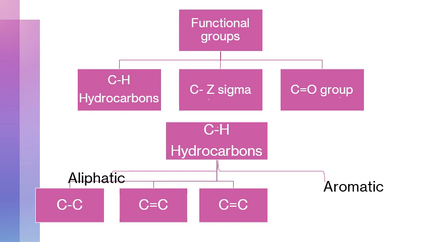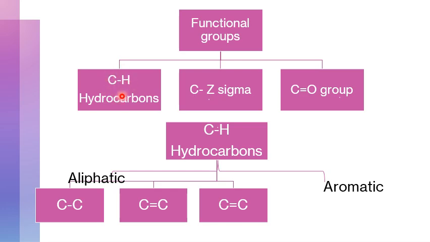Here is a flow chart for the classification of compounds. We are classifying based on the functional group, the function of each group, how it behaves. We have 3 main categories. First, the compounds formed between carbon and hydrogen.